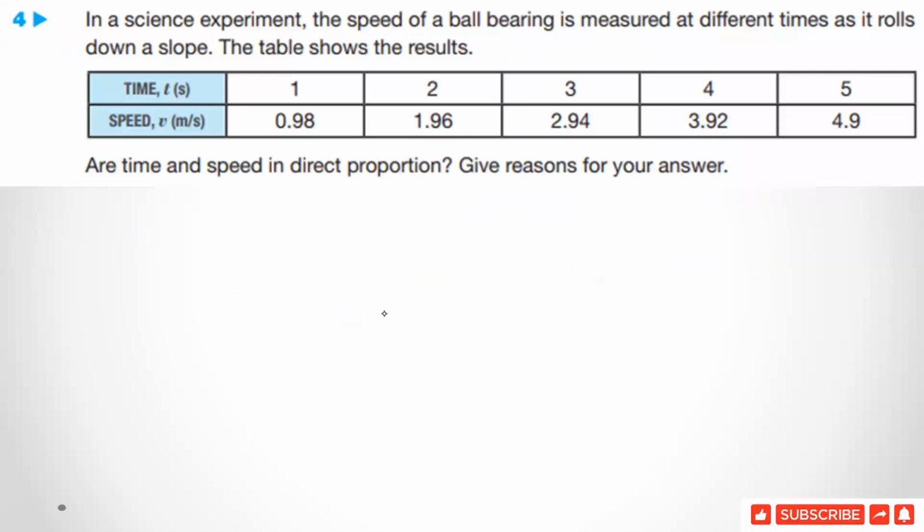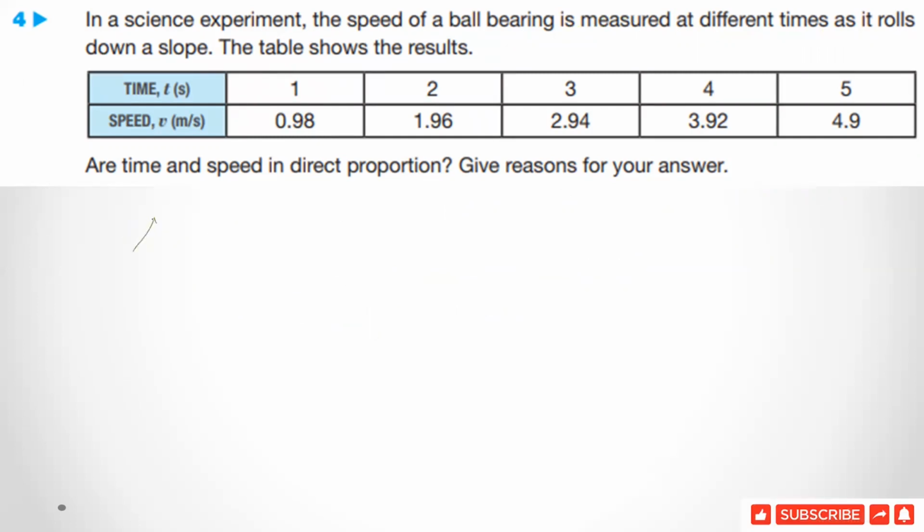Now we go for question number 4. This is the question. In a science experiment, the speed of a ball bearing is measured at different times as it rolls down the slope. You know what they are saying exactly?